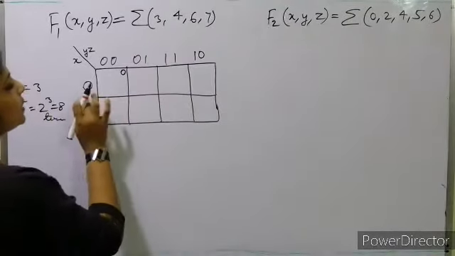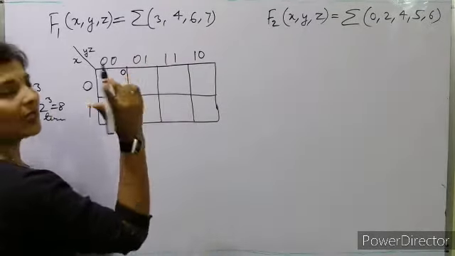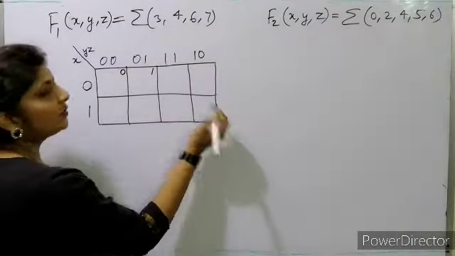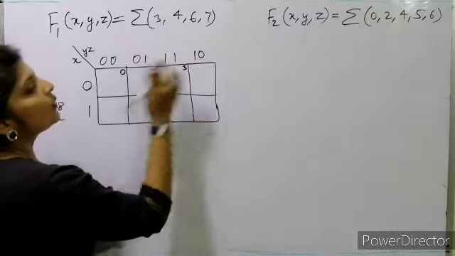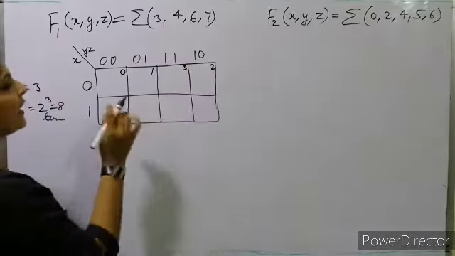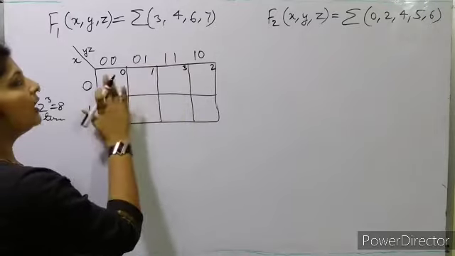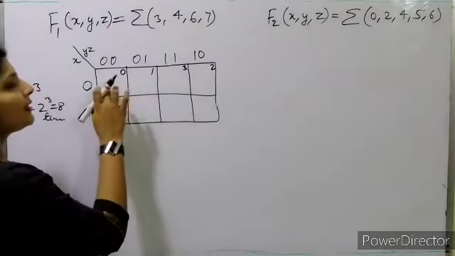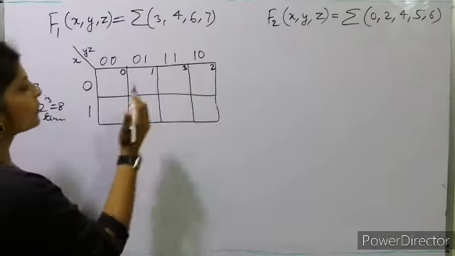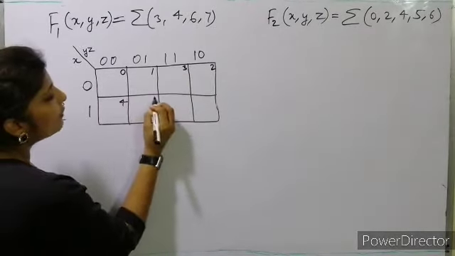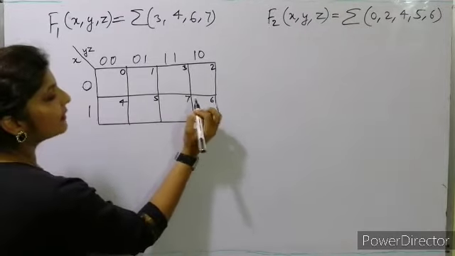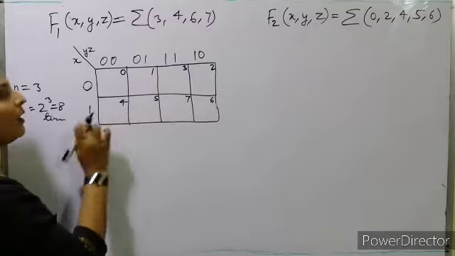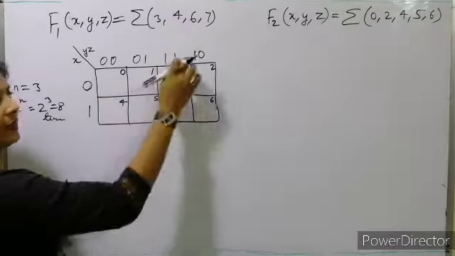Now 0 0 1 is 1. Now 0 1 1, what will this be? 3. And 0 1 0 will be 2. So we can write like this: 0 1 3 2 always. So we can write directly 0 1 2 3, similarly 4 5 6 and 7. Why? 1 0 0 is 4, 1 0 1 is 5, 1 1 1 is 7, 1 1 0 is 6.